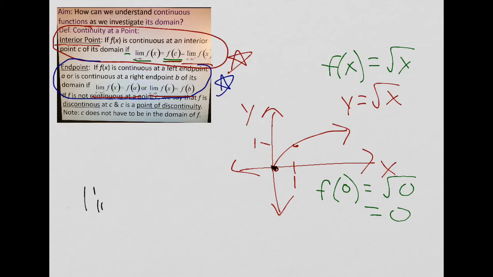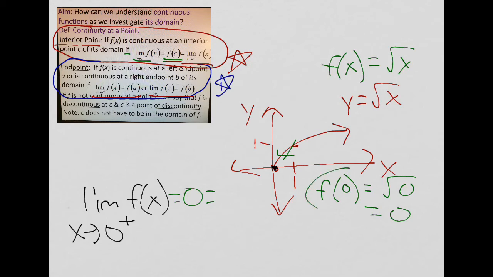So the limit of f of x as x approaches 0 from the right, because we can only take the limit coming from the right-hand side, okay, we can see that its intended height is 0. That's what we just found to be f of a.